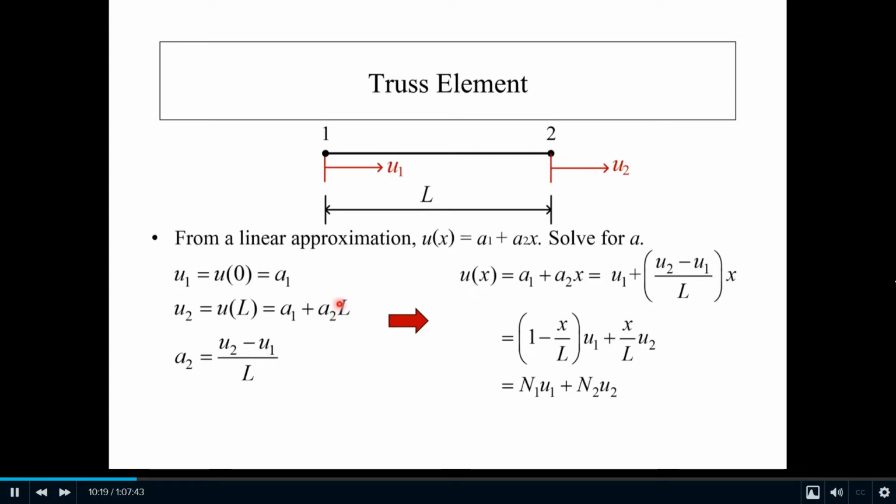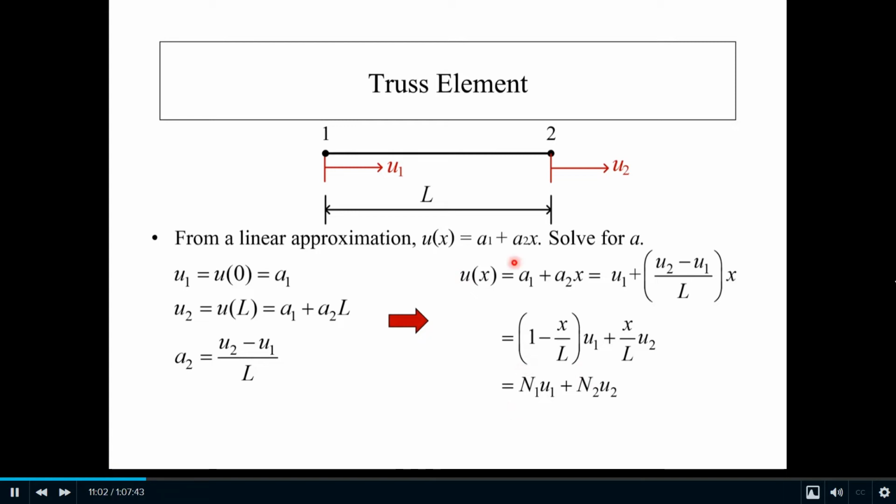From these two equations, A2 is equal to U2 minus U1 over L. You put this in here, and since A1 is U1, you would have Ux in terms of the nodal degrees of freedom U1 and U2. Basically you can have this one, which is N1, and this one would be N2. So this is the linear approximation for this thrust element.